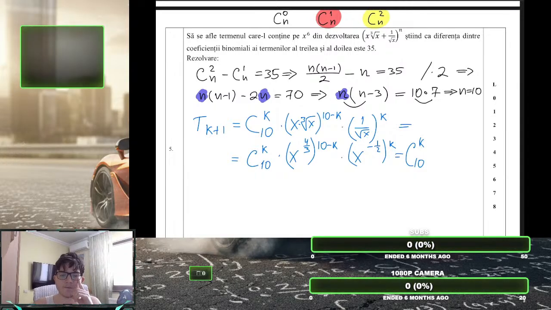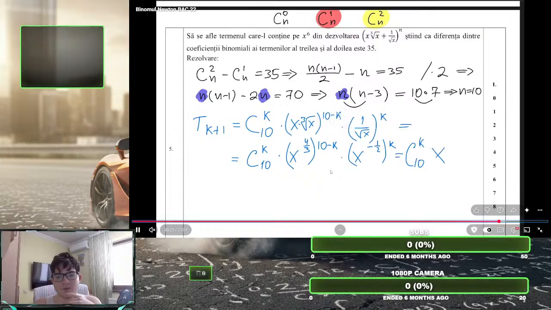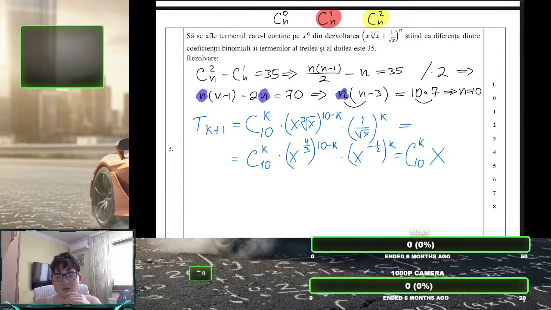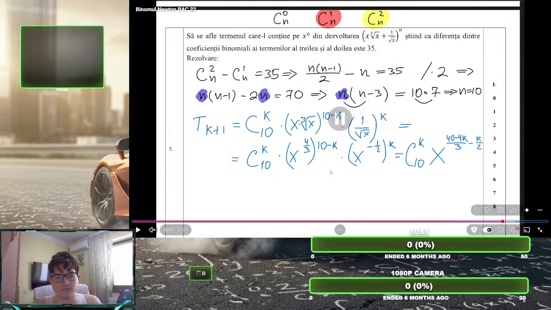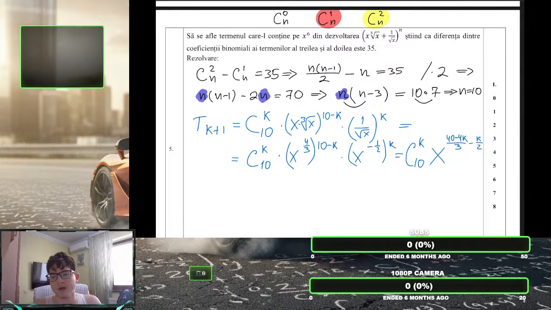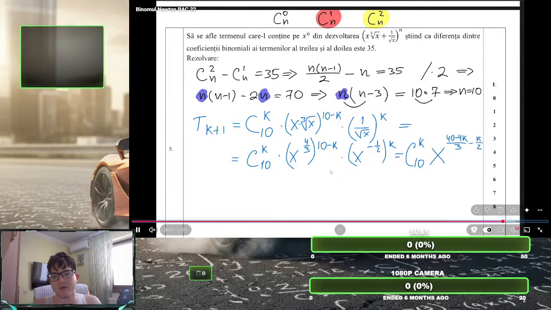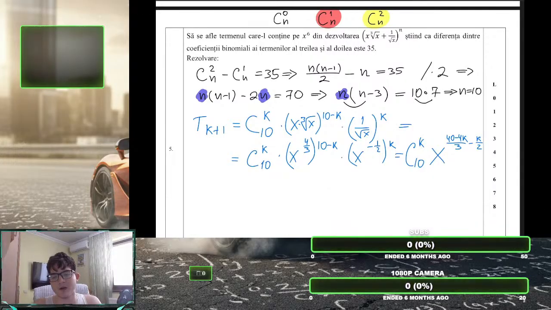And now essentially x at the power of 40 minus 4k divided by 3 minus k divided by 2. Okay. And all of that x with that power equals x to the power of 6. So equalize basically the power to 6.